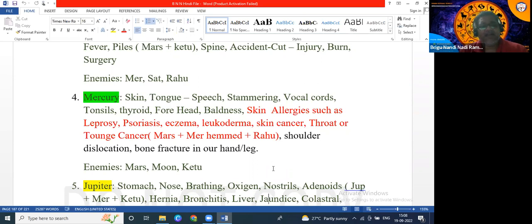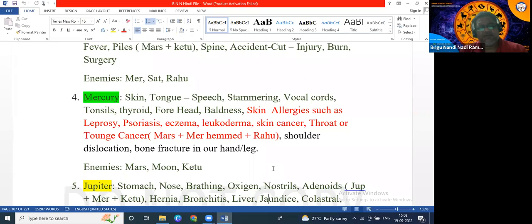So when Mercury is conjoined with Mars or Moon or Ketu, here what I am trying to tell you is, if any planet is conjoined with its enemies, the native will get that planet's related health disorders. So suppose Mercury is here conjoined with the enemies Mars, Moon, Ketu.